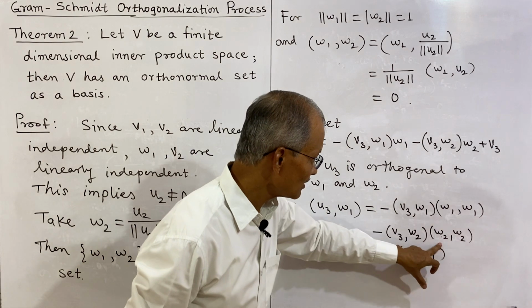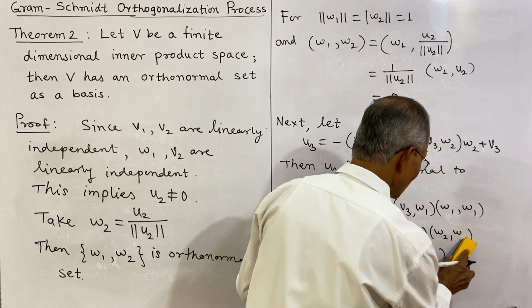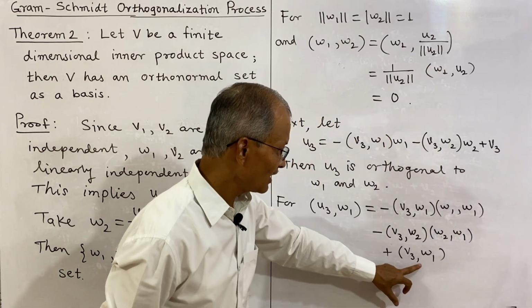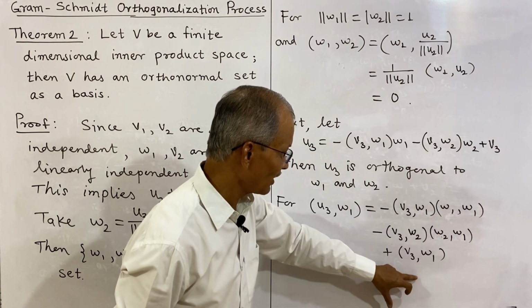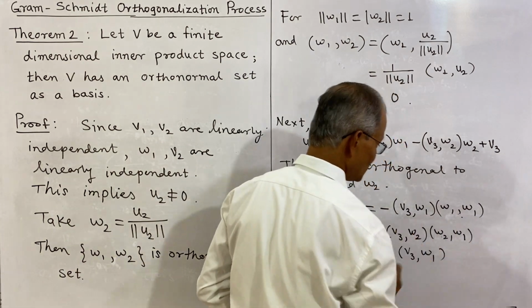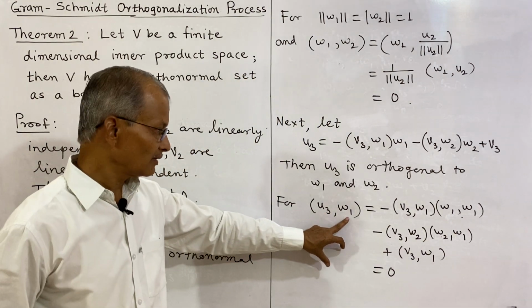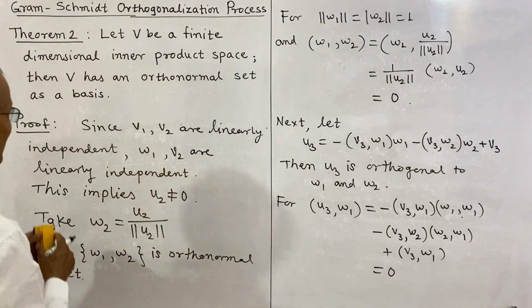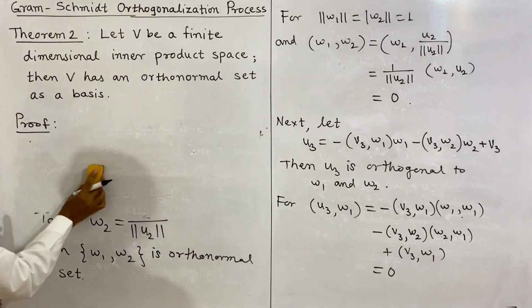And this is W2 with W1, we are taking with W1, and here their suffixes are different, so this is 0. And see this is negative and this is positive, this value is 1, so therefore this becomes 0. Verify this, this is 1 and this is 0. So therefore U3 is orthogonal to W1, and similarly we can show U3 is orthogonal to W2.